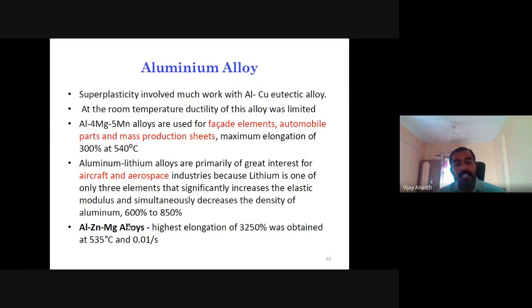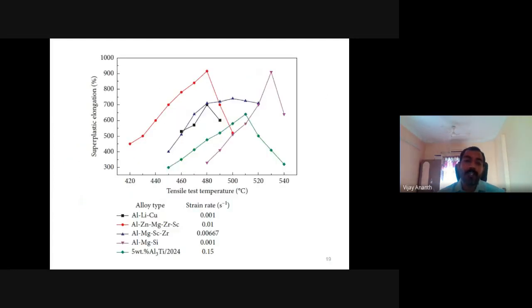Aluminum, zinc, magnesium alloys can also form up to 3250% elongation, obtained at a temperature of 535 degrees centigrade and a high strain rate of 0.01 per second. So a very high strain rate gives an elongation of 3250%.